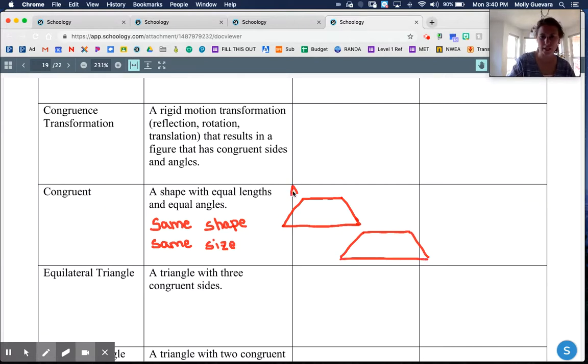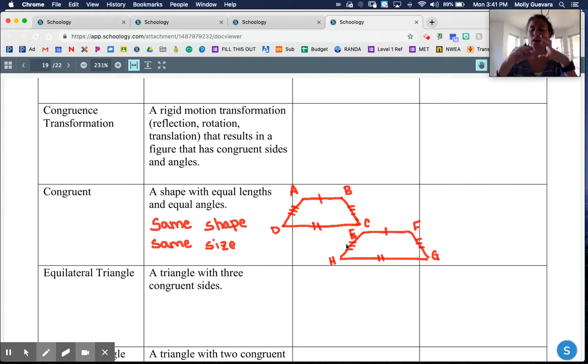Let's say A, B, C, D, and then E, F, G, H. Okay, so if AB and EF are the same, and let's say that DC and HG are the same, and I know they're the same because I have 2 tick marks. And let's say that AD and BC and EH and FG are all the same.